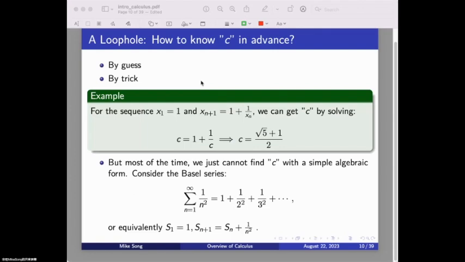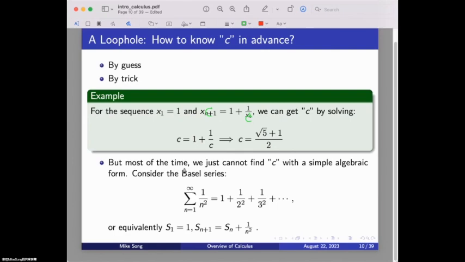The sequence is defined by the iterative equation x n plus 1 equals 1 plus 1 over x n. Assuming x n converges, we can replace x by c in the equation, like this. And solving the quadratic equation for c, we get c equals the golden ratio. And we can use this result to check the convergence of x n.